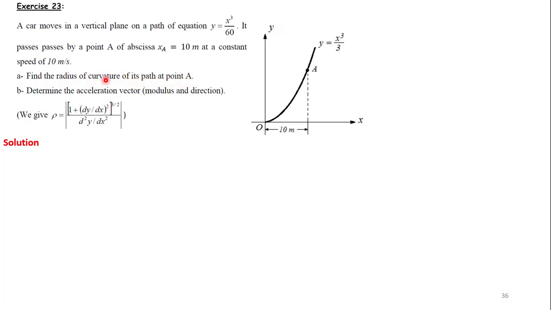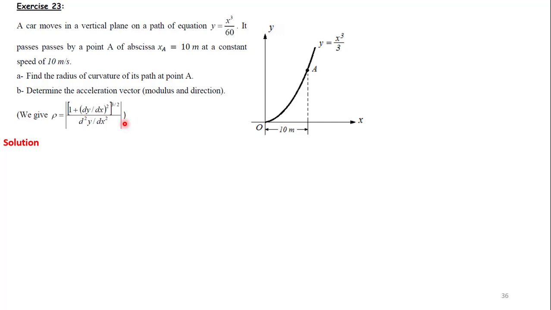To find the radius of curvature, we know that it can be calculated in two ways. First, we can use the definition, and second, we can use the formula an equals v squared over rho.